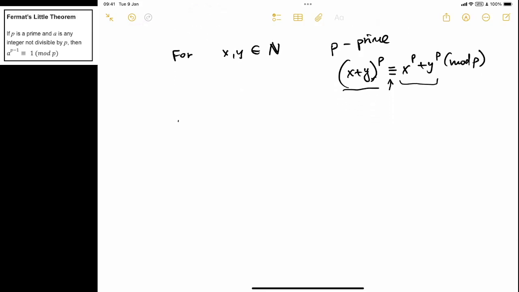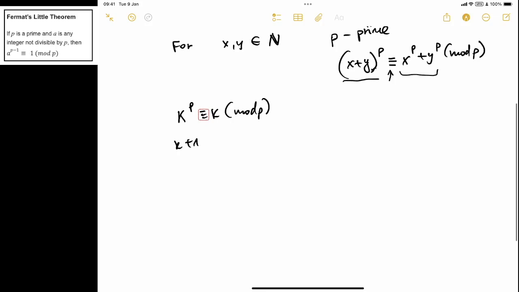So the proof of Fermat's Little Theorem is the following. Let's assume that k to the power of p equals k modulo p, and consider k plus 1 to the power of p. By the lemma, we know that it equals k to the power of p plus 1 to the power of p modulo p, and this is clearly 1, it's obvious.